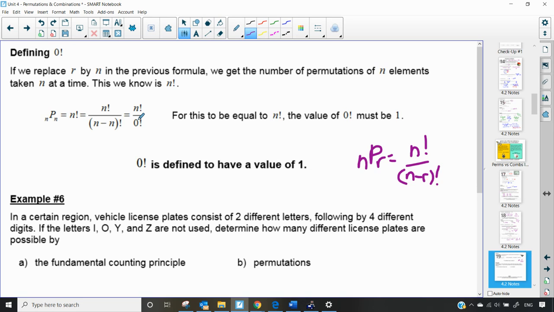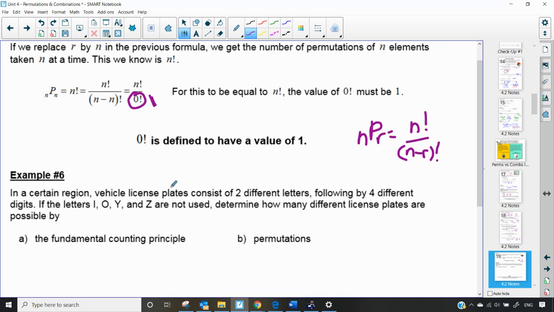For this to be equal to n factorial, we can only get that if 0 factorial is equal to 1. So the only way that we can get n factorial to equal n factorial is if we're dividing by 1. And so 0 factorial has to be 1. Now this isn't a full proof, this is more just using logic, but I don't want to get into the other proofs at this point.